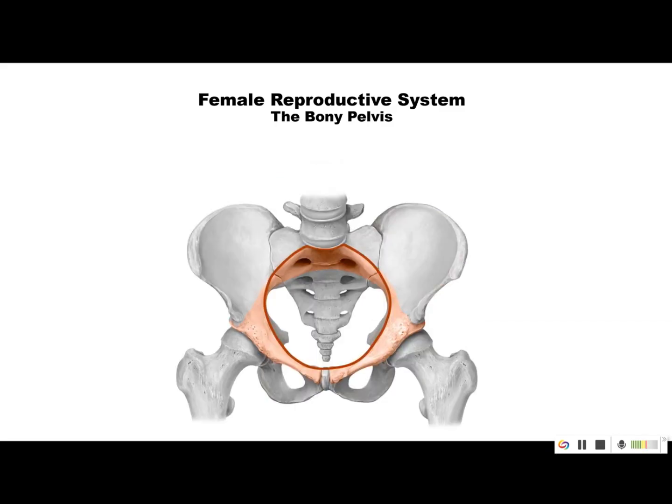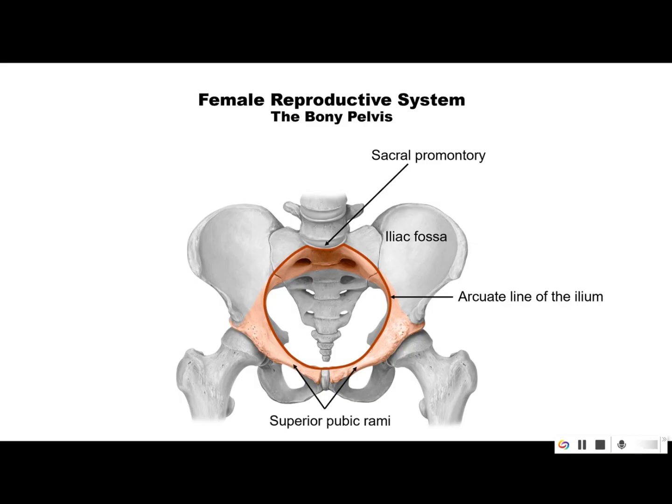There's a bony ridge that runs along the sacral promontory, inferior to the iliac fossa, along the arcuate line on the ilium, and the superior pubic rami on both sides. This bony ridge indicated by the red line is known as the pelvic brim. The area the pelvic brim surrounds is known as the pelvic inlet.